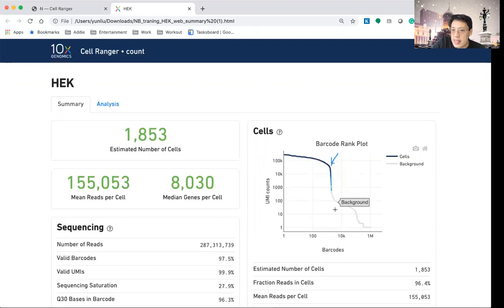You want to see this sudden drop, because in one scenario that I'm giving you, a very bad scenario, your cells are all burst, and all the RNAs are floating around within your tube. Then when you trap those bubbles, each bubble will, by random, trap some of the floating RNA, or ambient RNA.